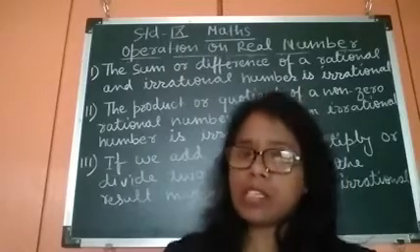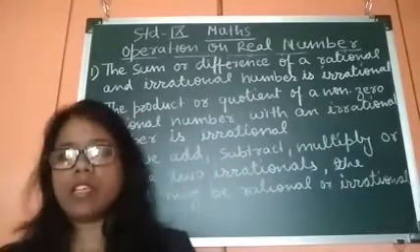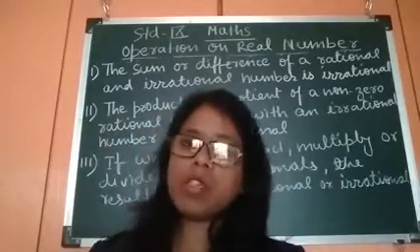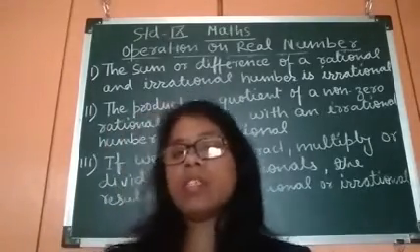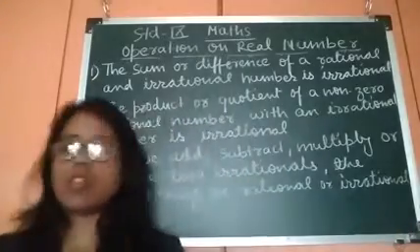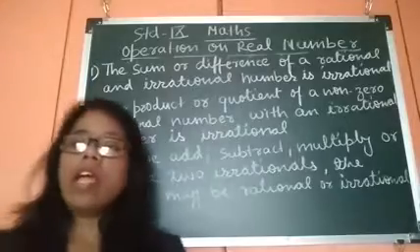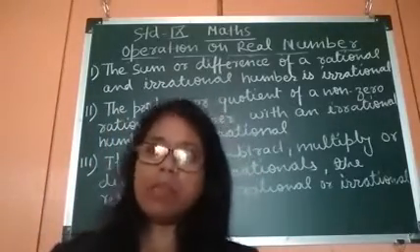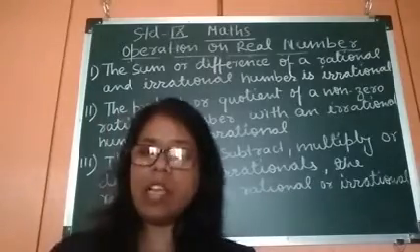The sum or multiplication of 2 irrational numbers is not always an irrational number. The subtraction of 2 irrational numbers is not always an irrational number, and the division of 2 irrational numbers is not always an irrational number. May be irrational, may be rational.